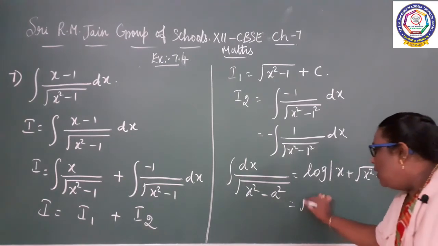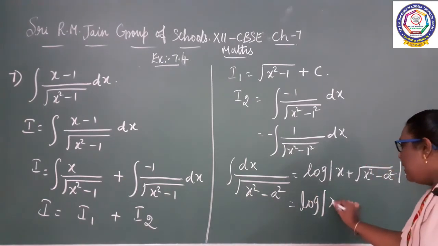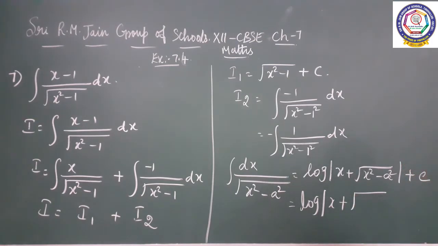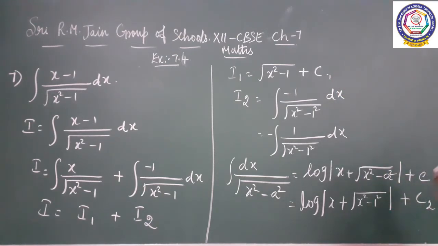So the value is log of modulus of x plus root of x square minus 1 square plus c. If you want, you can take this as c1 and this as c2, but all are constants. It is an arbitrary constant, so at last you can write c only. Okay, is it clear for you?